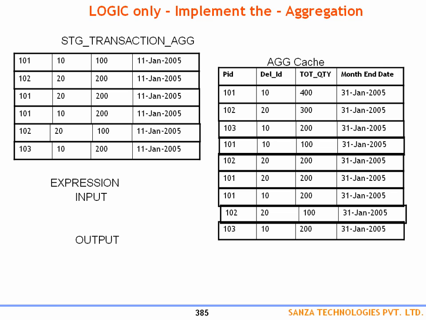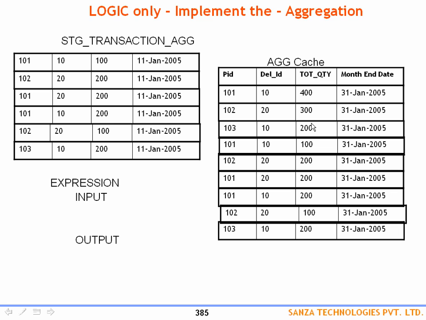Now, based on the product ID, dealership ID, month and date, we'll do the aggregate: 110, 100, 10, 110, 100, 100, 110, 100, 700.